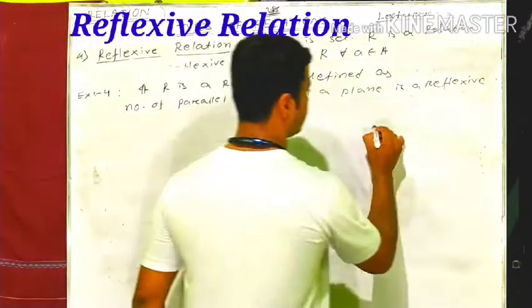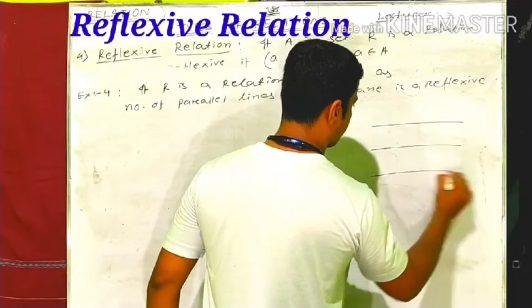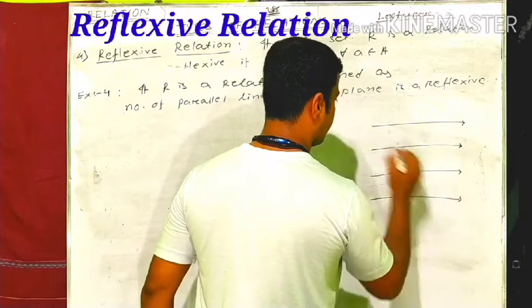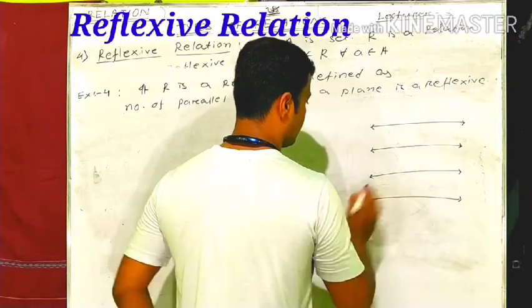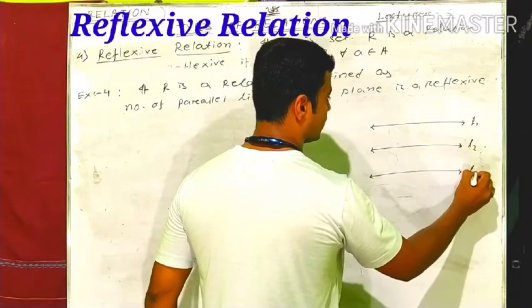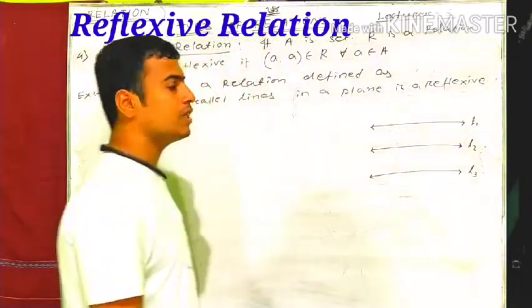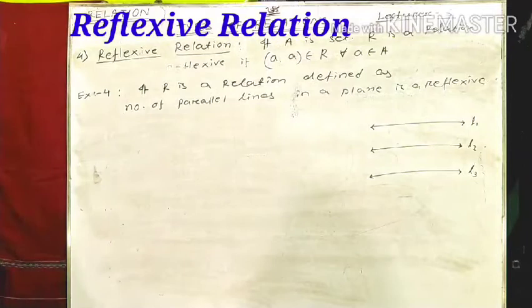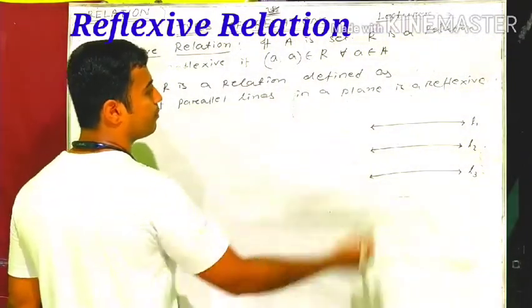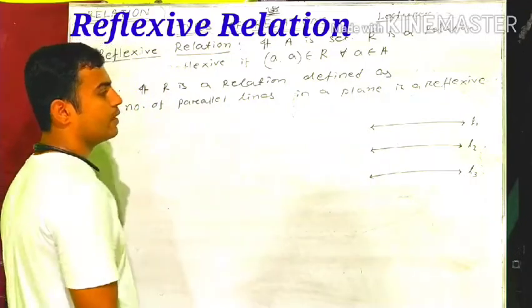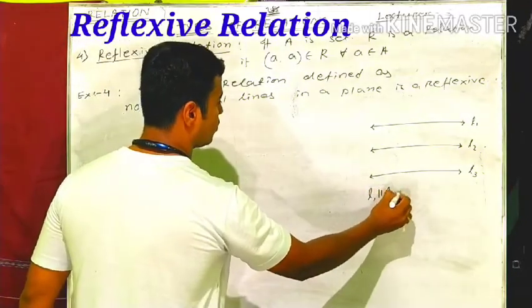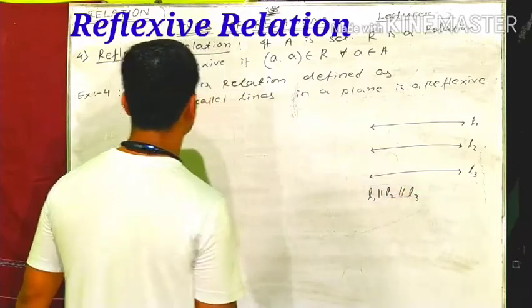Here I draw some lines. We take 3 lines only, L1, L2, L3. These 3 lines are all parallel to themselves.